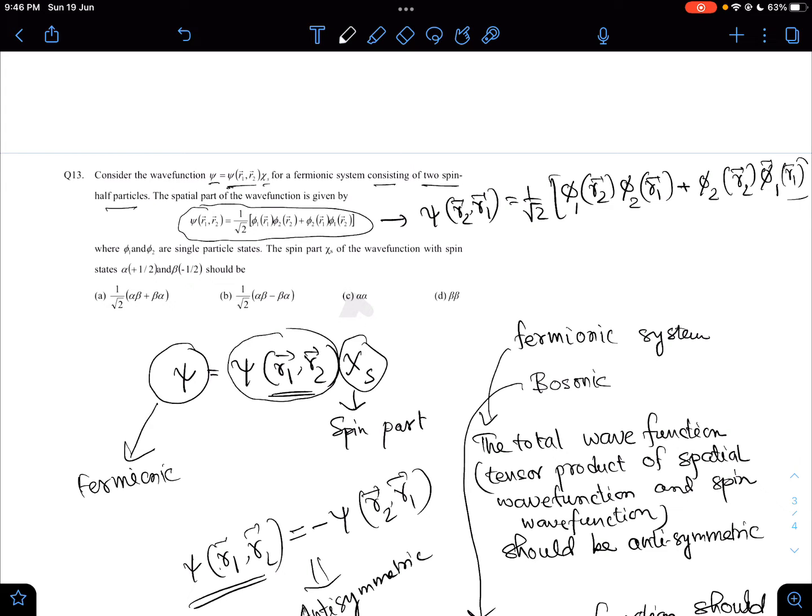So we are flipping R1 and R2, but if you notice carefully, this is our original R1 R2 expression. So our spatial wave function is symmetric.